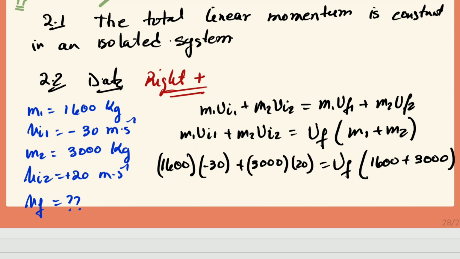It's 1,600 times 30. This gives me 48,000 negative. Plus, and then this one is 3,000 times 20. This one gives me 60,000. And then this one is 4,600.